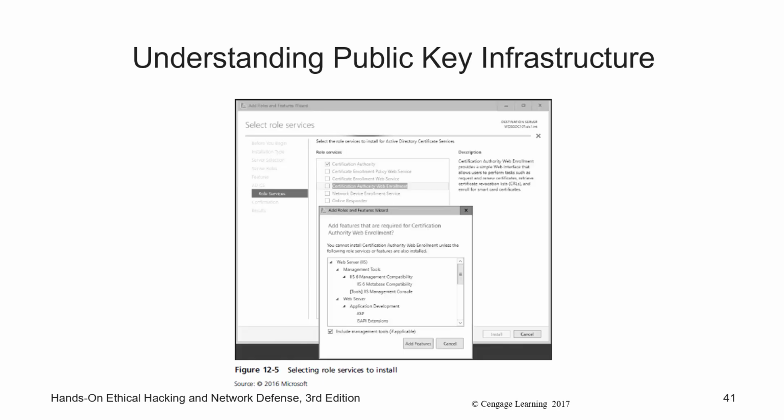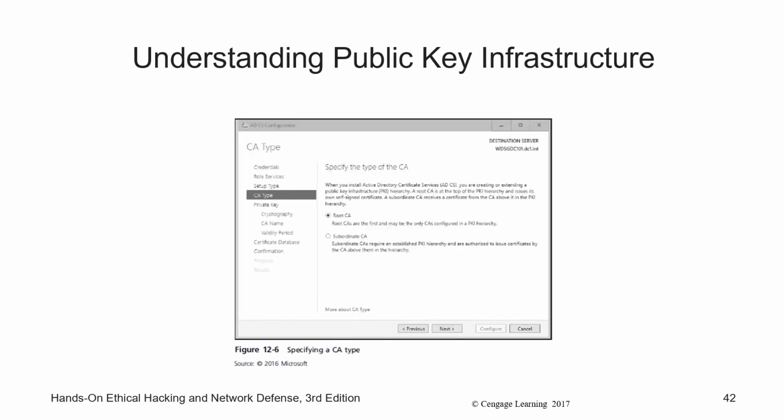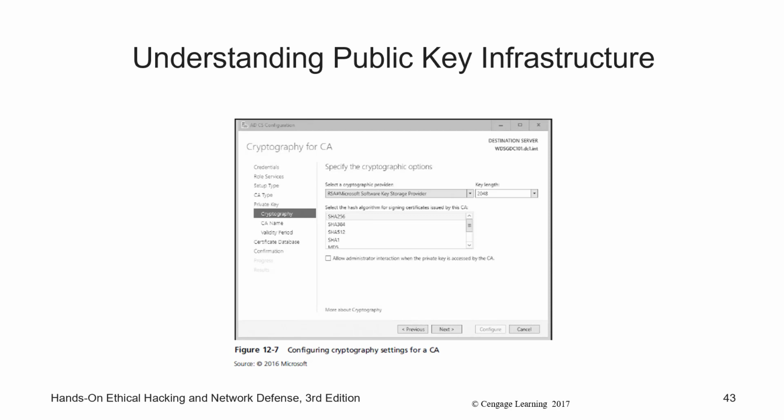If you're selecting a role service to install, here's where you would do it. This is how you specify the CA type, either root or subordinate. And this is how to configure crypto settings for a specific certification authority.